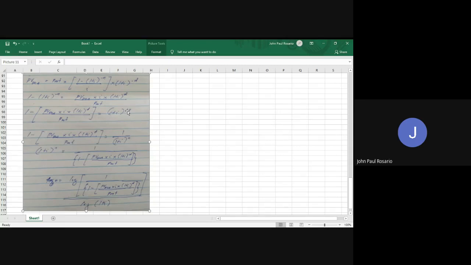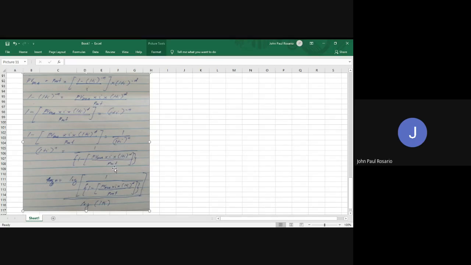So kani ang negative n dayon again, ang positive form ani would be 1 over 1 plus I to the power of n. So with that, to get n nga mahimo siyang numerator, ato siyang i-cross multiply. So with that, mahimo din siyang 1 plus I to the power of n is equal to 1 over 1 minus PVDOA times I times 1 plus I to the power of D over payment.